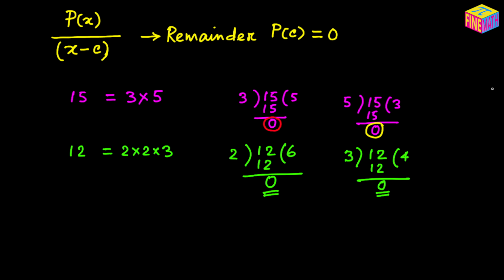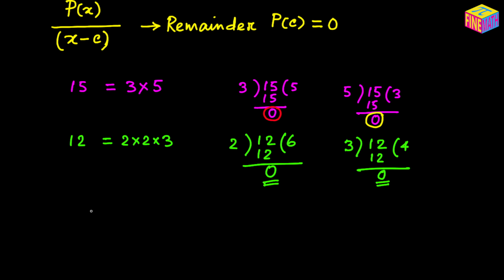So now let's write it down in a formal way. If p of x is a polynomial that has a degree greater than or equal to 1, it cannot be a constant polynomial. It must be at least of degree 1.